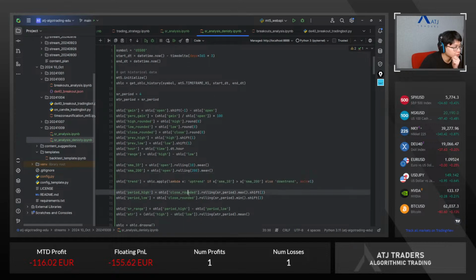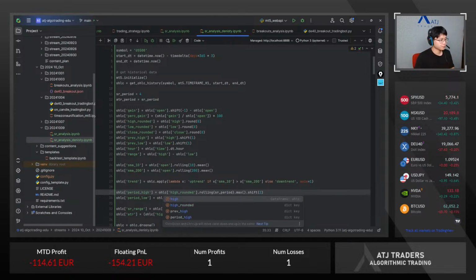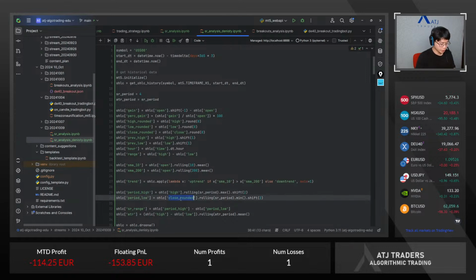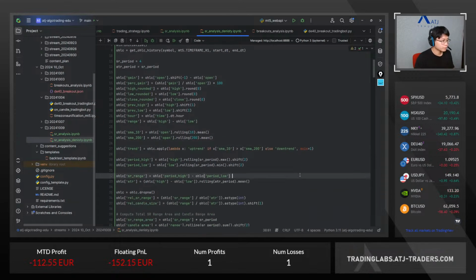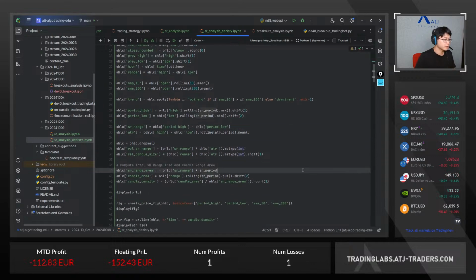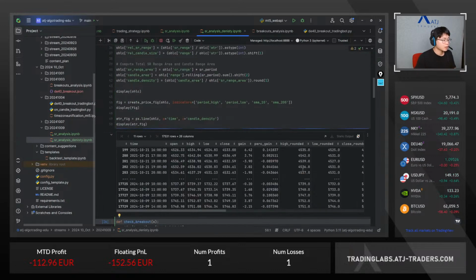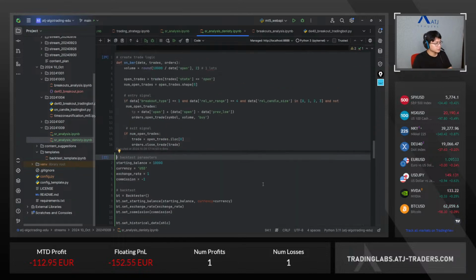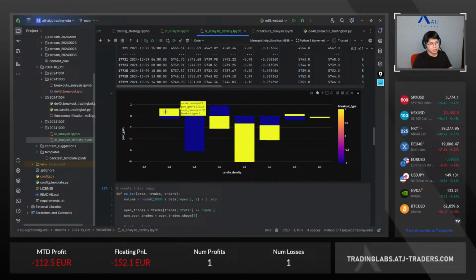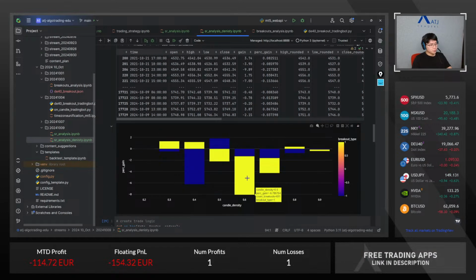Here it's close rounded, as you can see, but I can rewrite it to high. I used rounded prices, but I think I can now just use highs and lows. And now hopefully I should have values in the decimal places. And it works. So now we have sizes between 0 and 1.